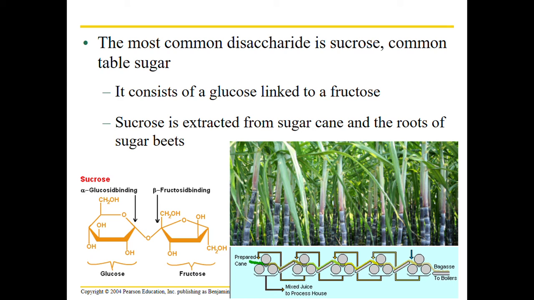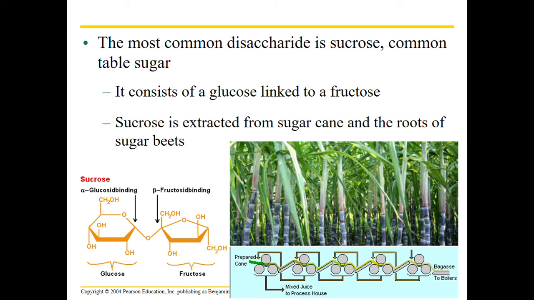The most common disaccharide that we come into contact with is sucrose, and that's just table sugar, and table sugar is in so many different things. Here's an example of glucose and fructose, and they make sucrose with that little binding right here.